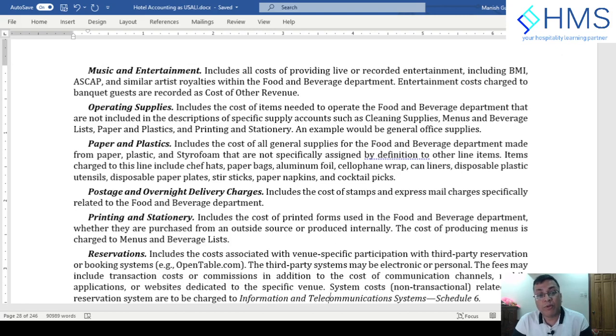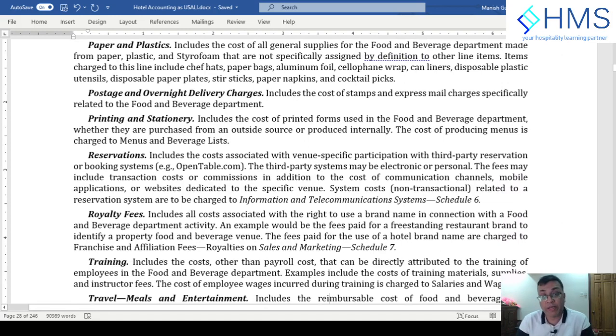Except the cost of producing the menu, all the paper will be used here, including the cost of the rental of the printer. Temporary rental of the printer will go to equipment rental, not to this line. This one includes the cost of pre-designed forms and A4 size paper or office stationery.